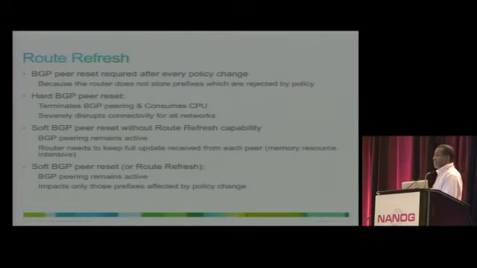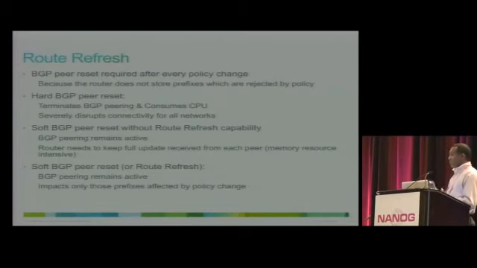One of them is the hard reset, which is a very bad alternative because it's not good for the internet stability, and it's not good for your network in general. Another one is soft BGP peer reset without the route refresh capability. In this case, to do a soft reset, whenever you receive routes from your peer, you will always keep those routes even if they are dropped.